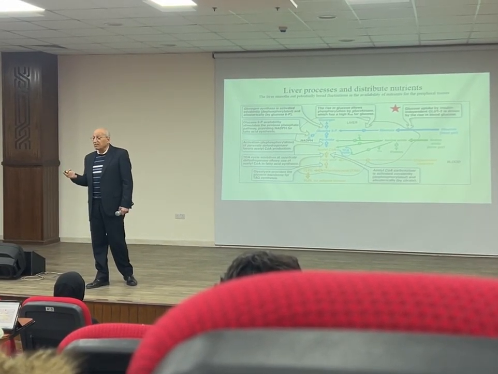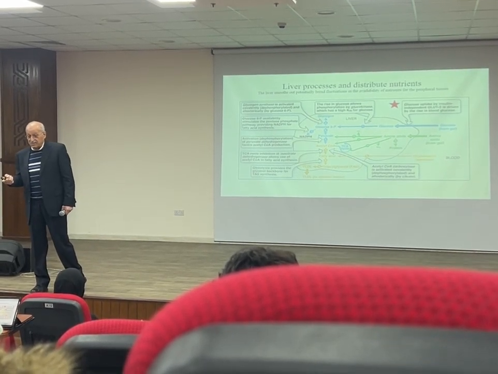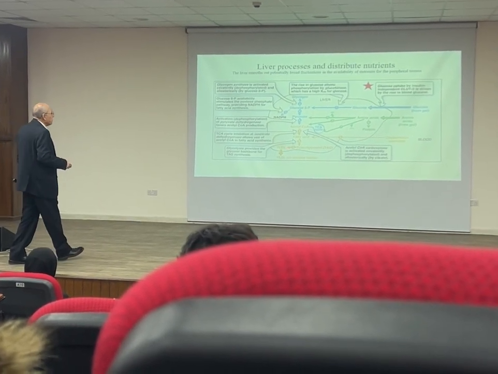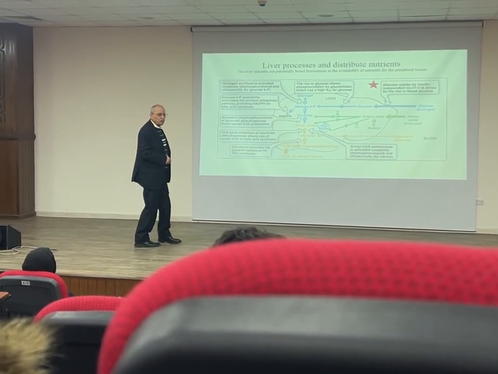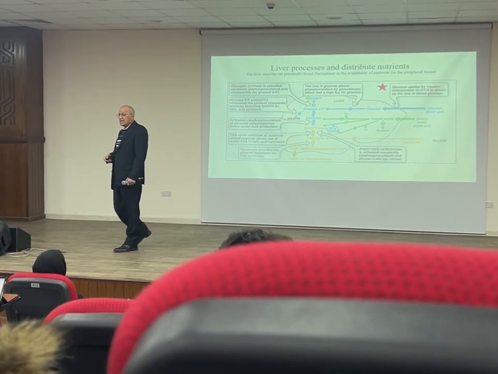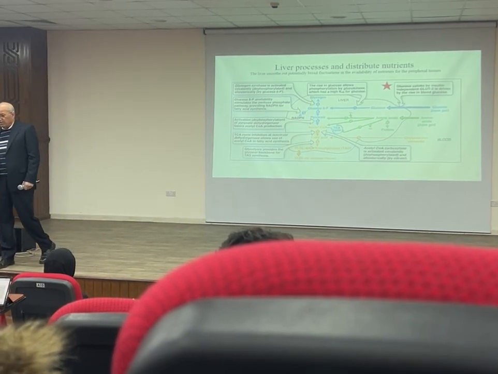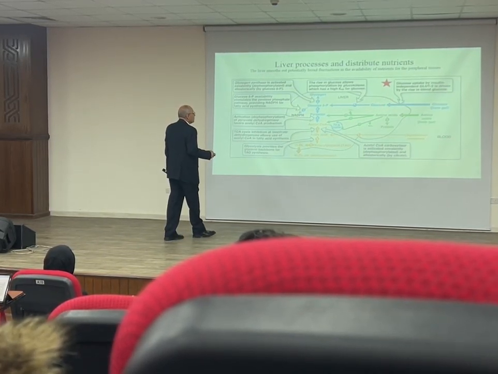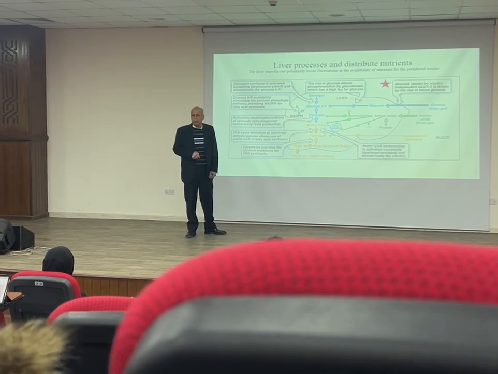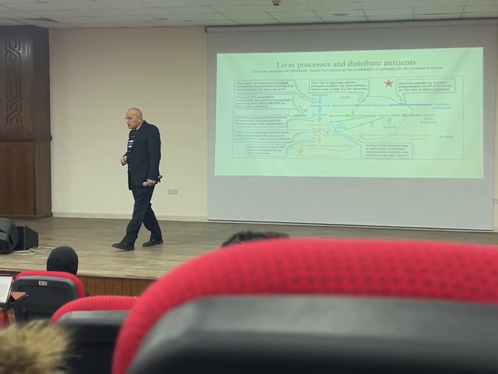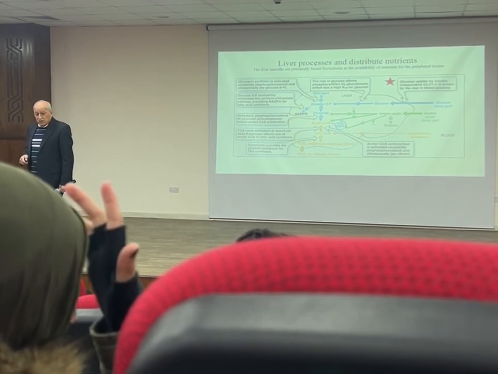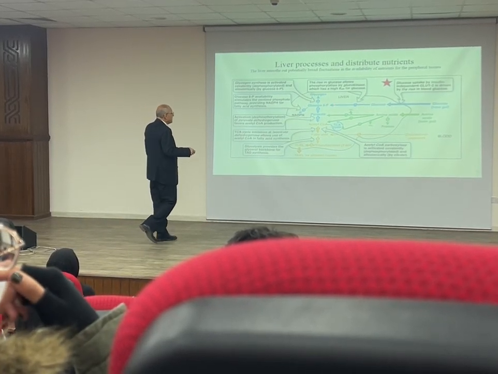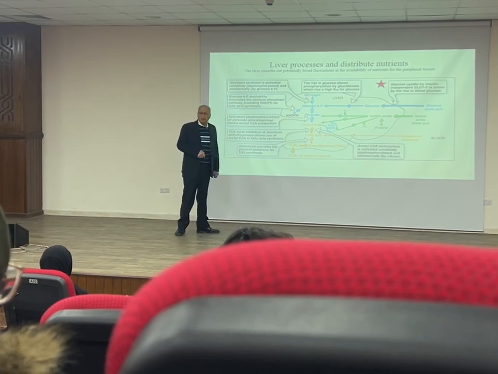Now, insulin induces glucokinase, so glucokinase is regulated by insulin. This is one effect of insulin on carbohydrate metabolism in the well-fed state in the liver. Glucokinase will phosphorylate glucose into glucose 6-phosphate. What is the importance of phosphorylation of glucose? Trapping. Now this glucose 6-phosphate will go into glycogen.